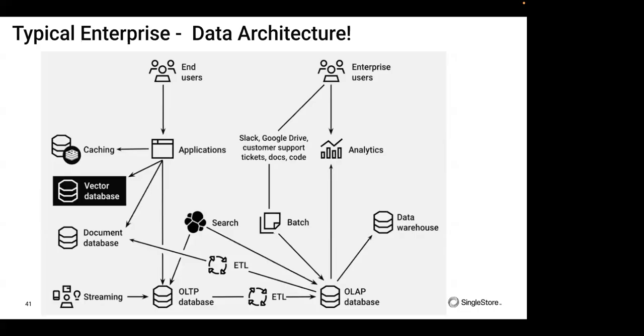Cache is also a database. And now the whole world is talking about building AI applications, so they also have a vector database, which is a mess for your architect to handle, all these databases at once.